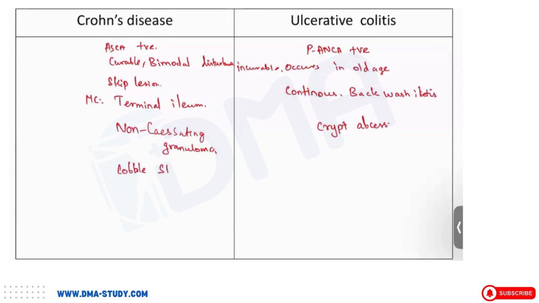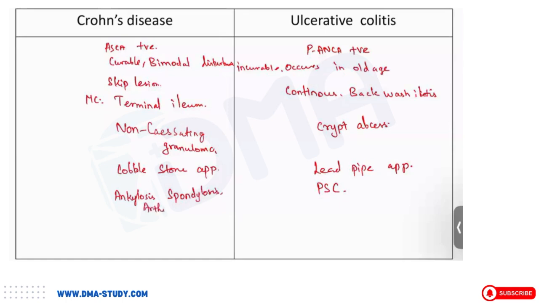And here, what appearance will be here? Lead pipe appearance will be here. Here you may see the association with PSC, primary sclerosing cholangitis. And here you may see association with ankylosing spondylitis and arthritis.